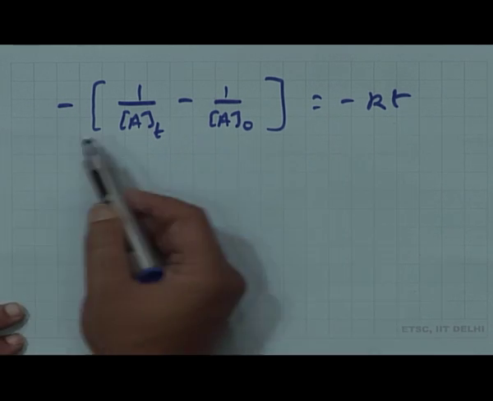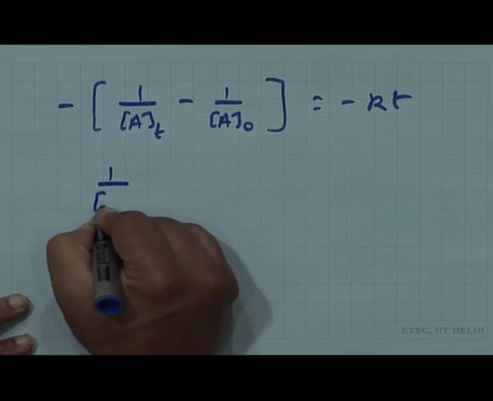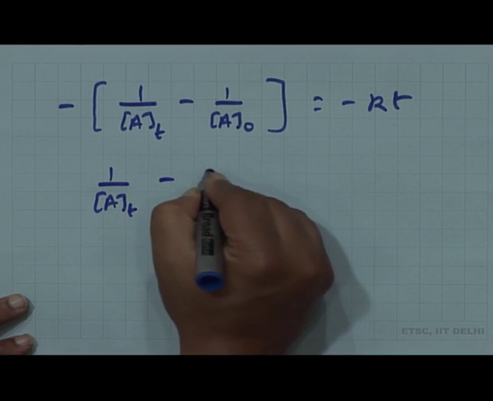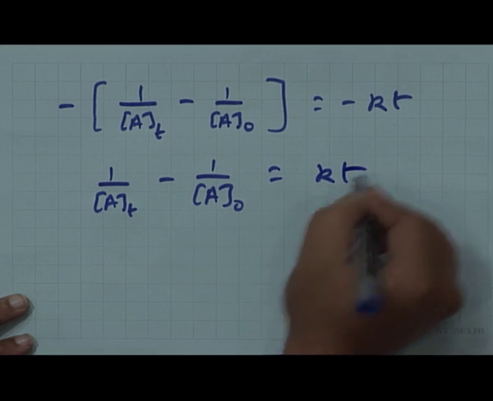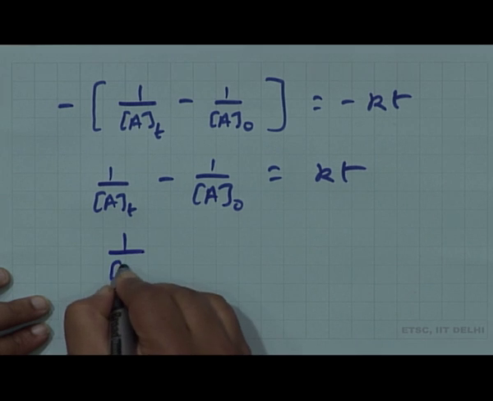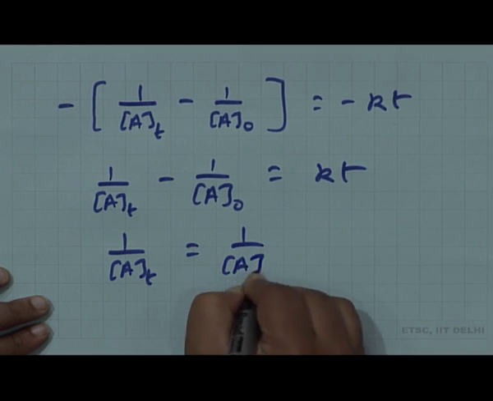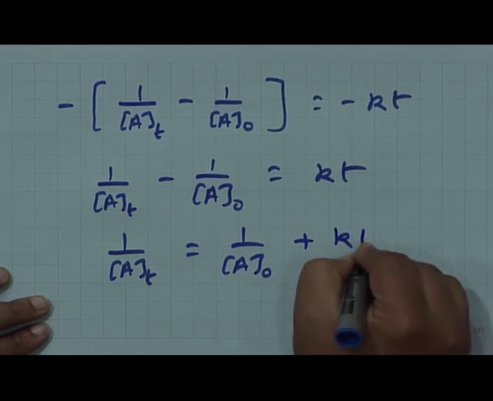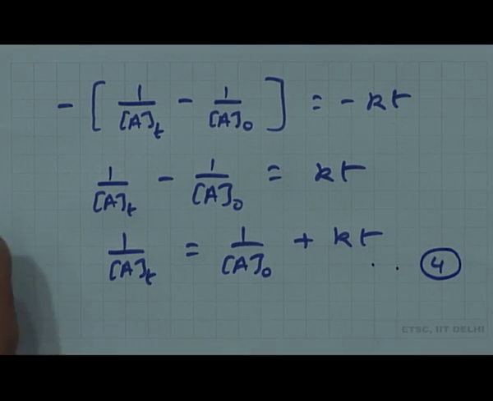So, I can cancel the negative signs from both sides and rewrite this as 1 by A t minus 1 by A naught is equal to k t, or this is the final form: 1 by A t is equal to 1 by A naught plus k t, and let this be equation number 4.